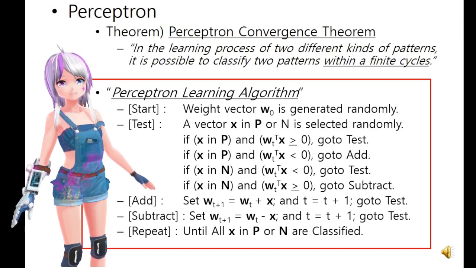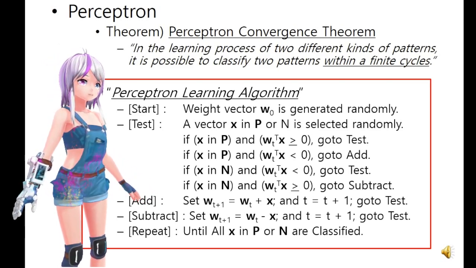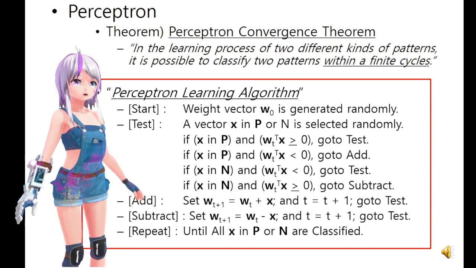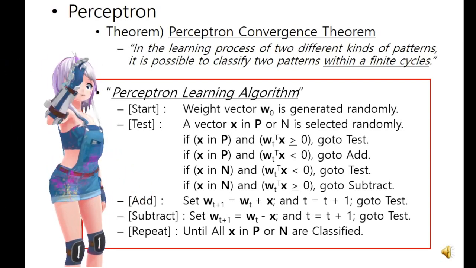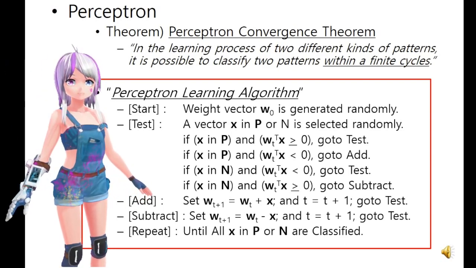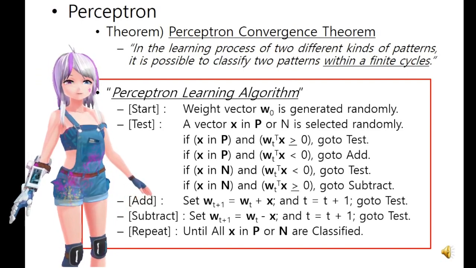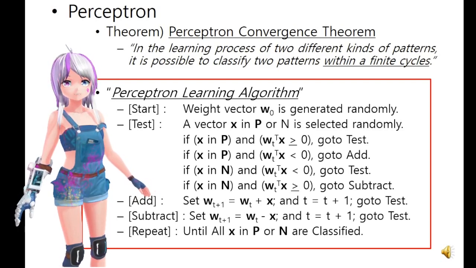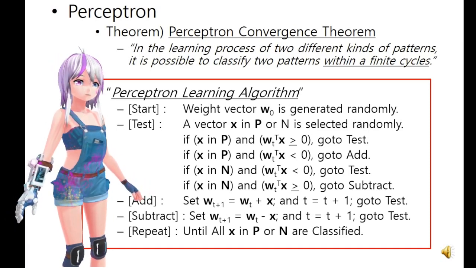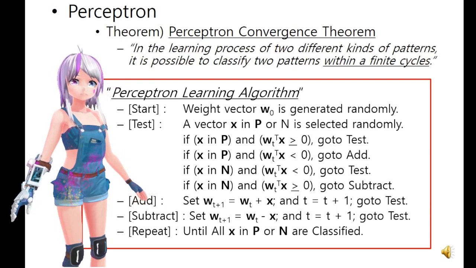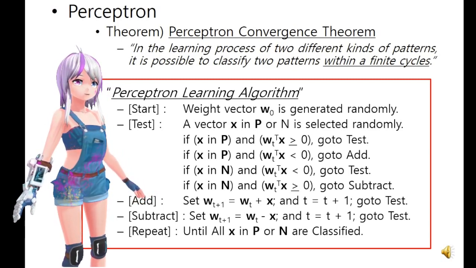So the add and subtract operations are the simplest ones, but they actually rotate these weight parameter vectors. After scanning the whole training set, that's one learning cycle, and we repeat until all x in the positive set P or negative set N are classified. After they are all classified, we stop, and this is done within a finite cycle. That's the perceptron learning algorithm.